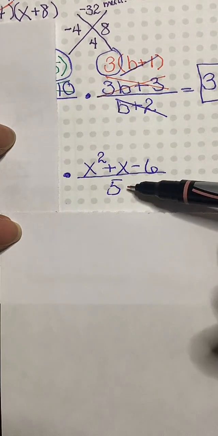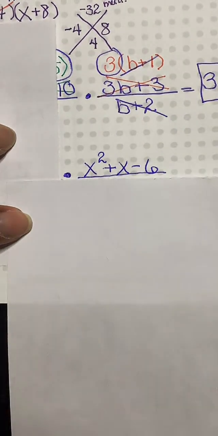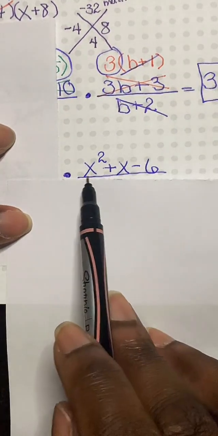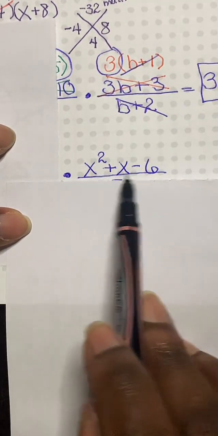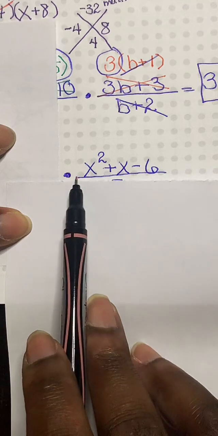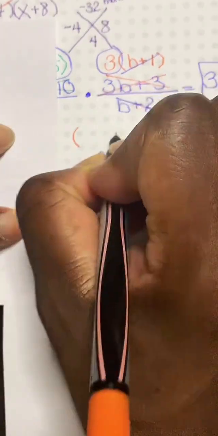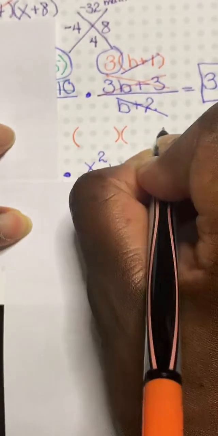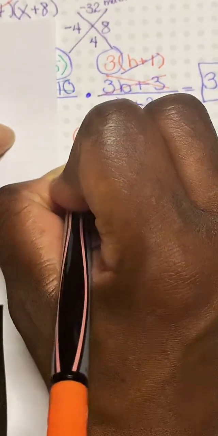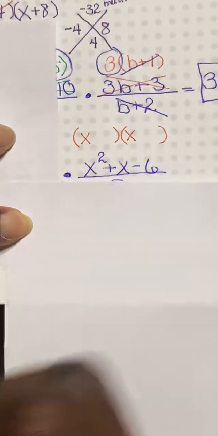So now we're going into the next ratio. My denominator, that's a 5. That's enough. Now for the numerator, we can factor that out. Again, my leading coefficient is a 1, so right away I can split my x's. There's an x here and an x there.